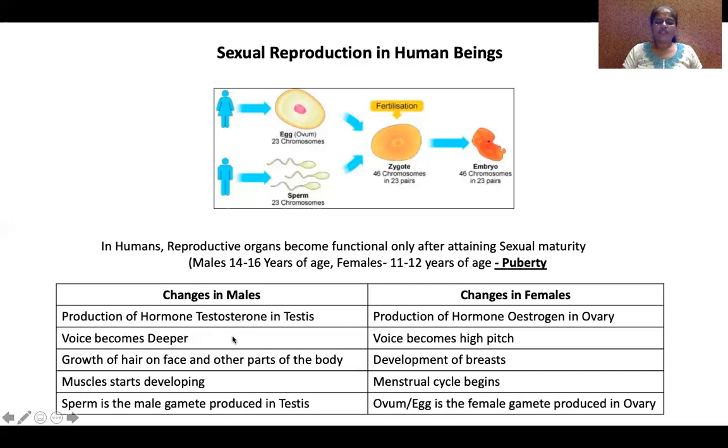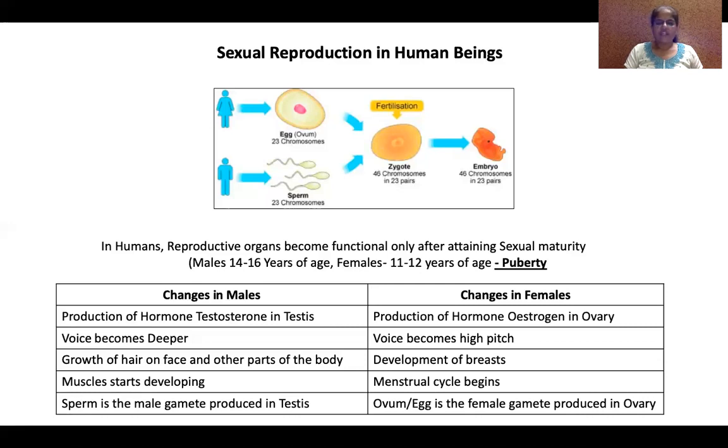Due to testosterone secretion, the voice of males becomes deeper, tough and harsh, whereas for females the voice becomes high pitched. For males, we can see growth of hair on the face, like mustache and beard, and on other parts of the body, legs, hands, everywhere.